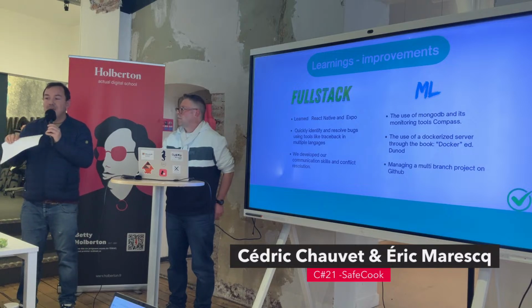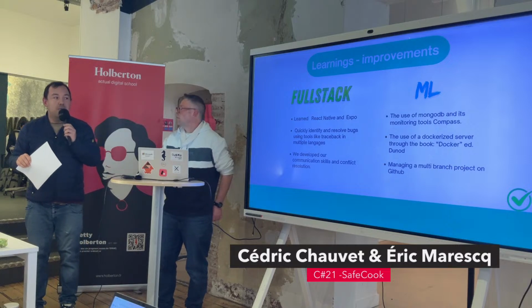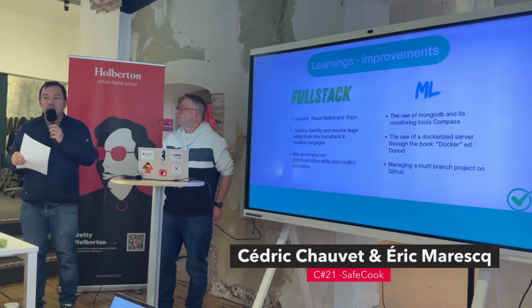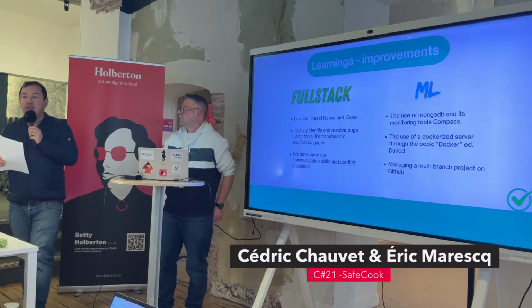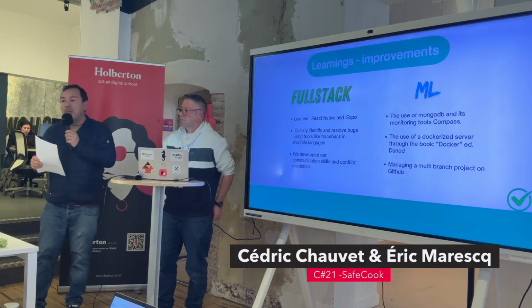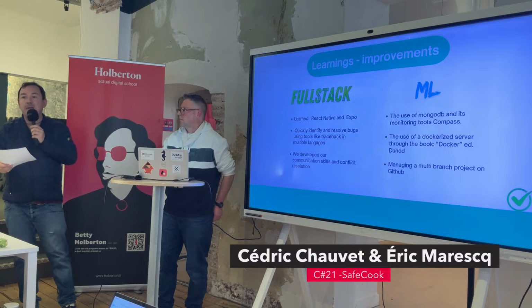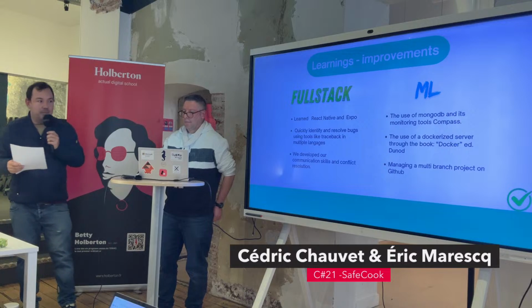It's only a small part of what Docker can do, but it's enough to get a hand in. And then we managed 3 branches on GitHub: developer one, developer two, and one main. And actually, we are deploying the last work on the main.